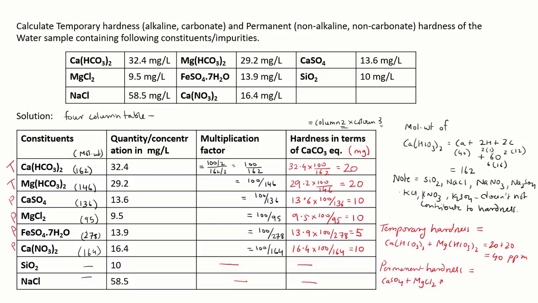Permanent hardness is calcium sulfate, magnesium chloride, ferrous sulfate and calcium nitrate. So 10 plus 10 plus 5 plus 5 is equal to 30. So 30 ppm is your permanent hardness.